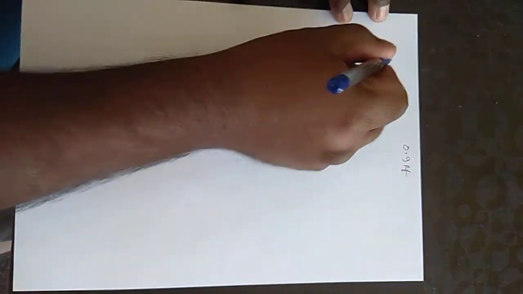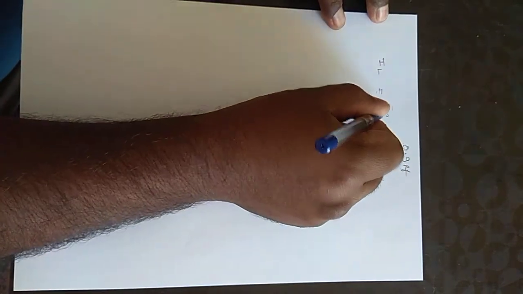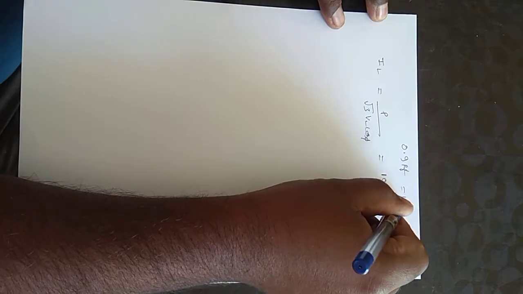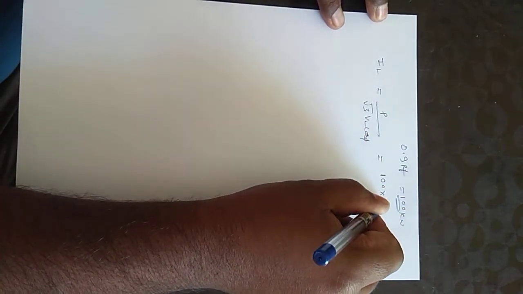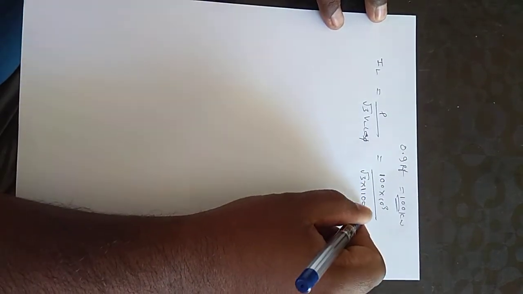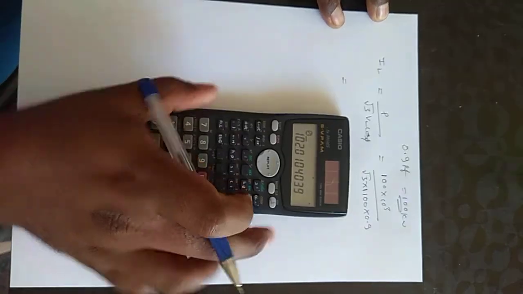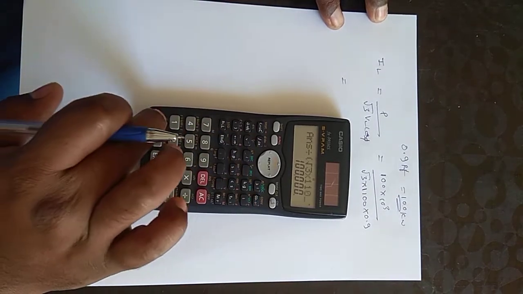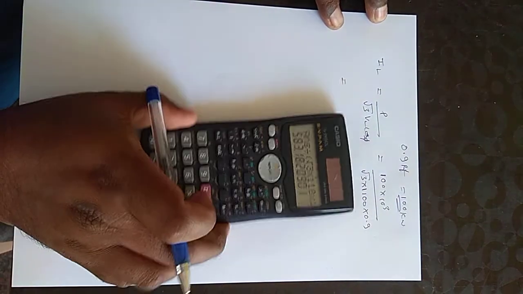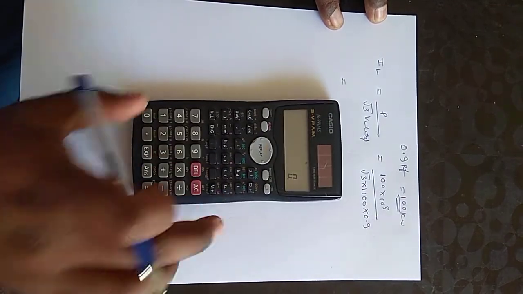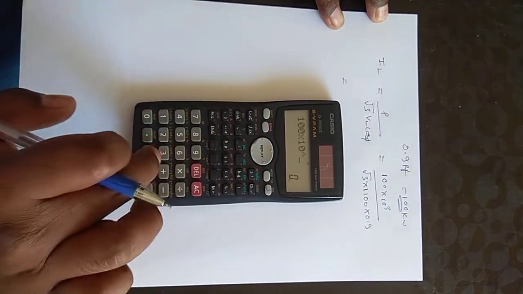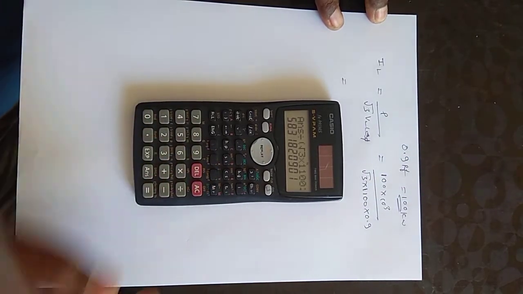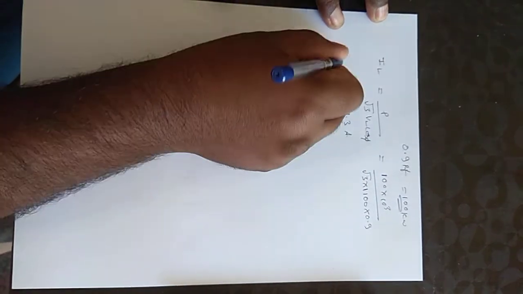For 0.9 power factor, we calculate the IL value, that is P divided by root 3 into VL into cos phi. 100 kilowatt for the same motor again, don't vary the motor, so 100 into 10 power 3 divided by root 3 into 1100 into 0.9. That's 58.3 amps.